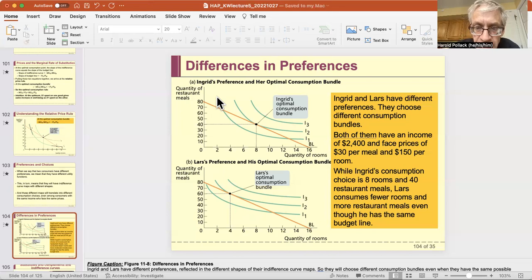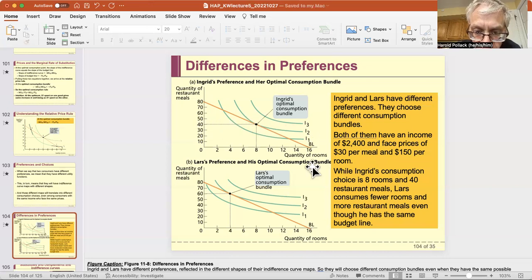Now, Ingrid, she's a lot more into the rooms and she gets bored with the meals a lot faster. So her curves get steeper faster. So, when she starts over, say, from all the way on the right, her curves are getting steeper a lot faster. So she hits that point where it's got the same slope as the budget line at 8 meals. Now, if she's getting 8 meals rather than 4, she's going to have fewer meals to go with that.